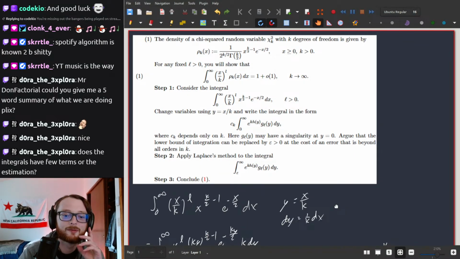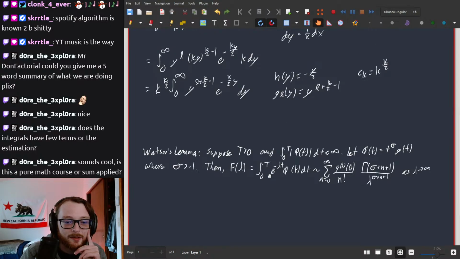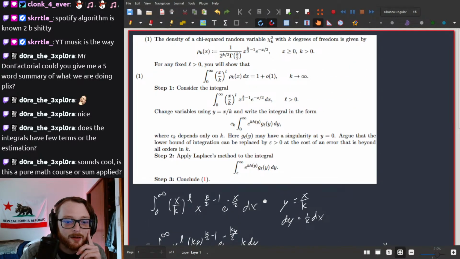This is still pretty applied, but it is like a spectrum.